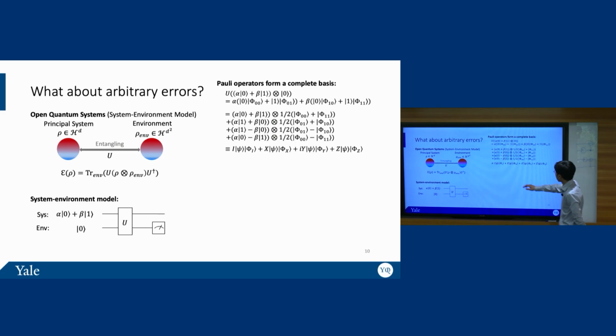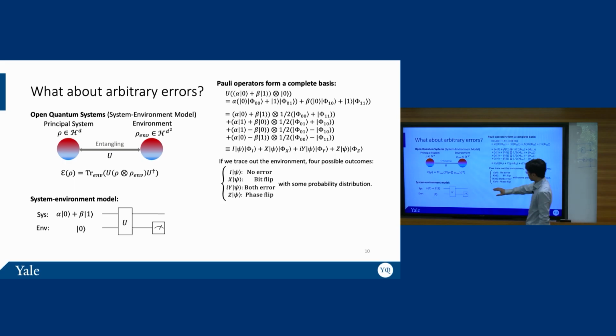So you can see that you can write this generic entangling operation between the system and environment as some kind of Pauli operations to my system qubit. Of course, also entangled with my environment.